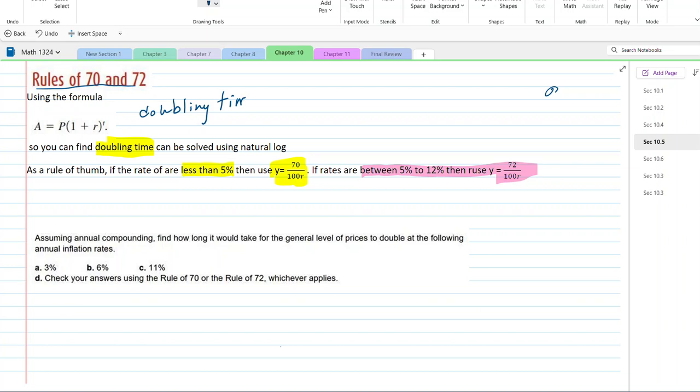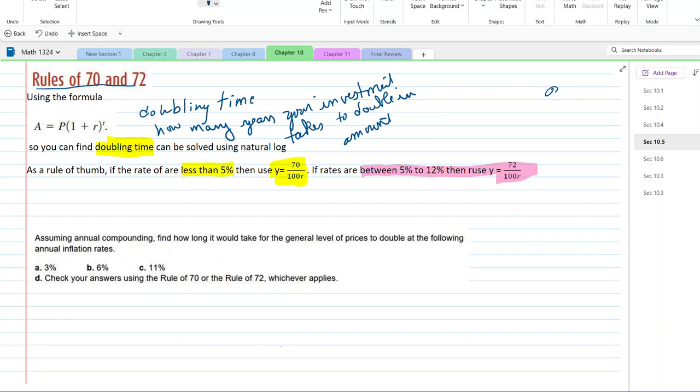Doubling time means how long your investment takes to double in amount. So this is the formula.